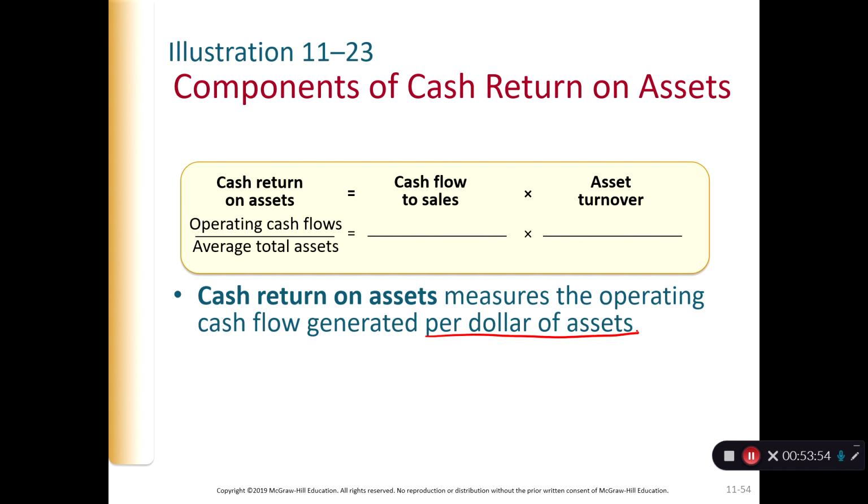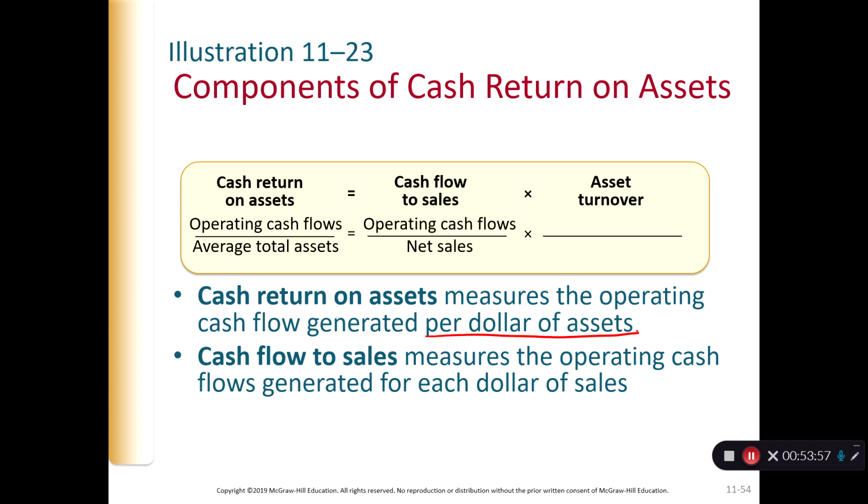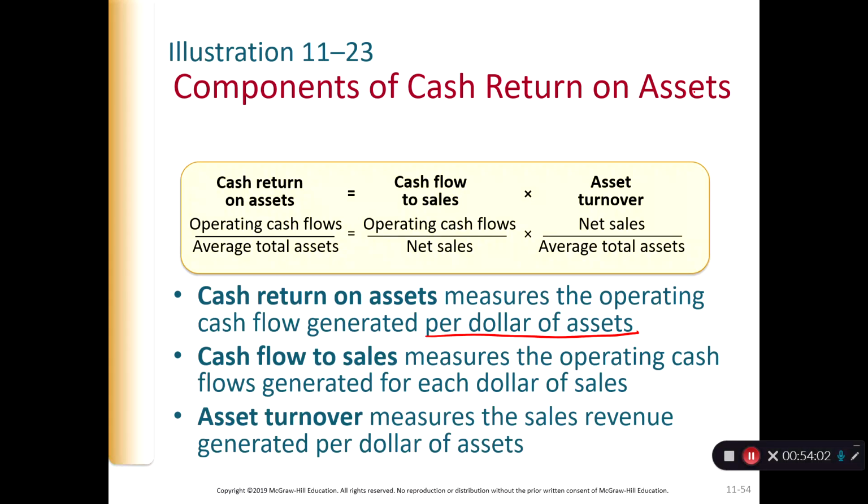The cash return on assets can equal the cash flow to sales multiplied by cash asset turnover. Cash flow to sales measures operating cash flow generated by each dollar of sales, right? And asset turnover, we learned it before. It measures sales revenue generated per dollar of assets. Basically, cash return on assets means for $1 of assets, how much cash I can generate.